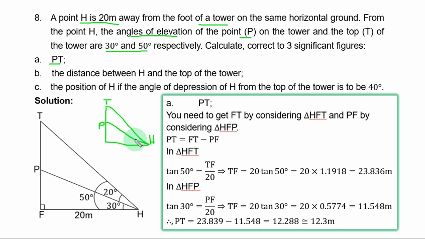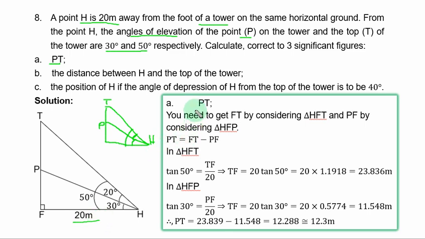Now if this part is 30 and the whole of this is 50, it means this remaining part must be 20 degrees, and the distance of the point H from the foot of the tower is 20 meters. So you have the diagram that represents the information.